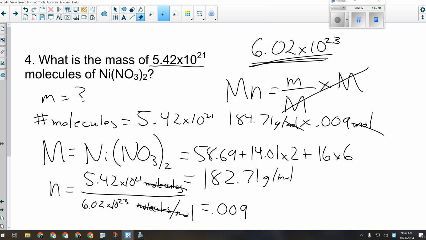I think it comes out to 1.64 grams. That's a small amount, and it kind of fits. If 1 mole is 182.7 grams, that kind of makes sense for like 9/1000ths of a mole. Everyone okay with that?